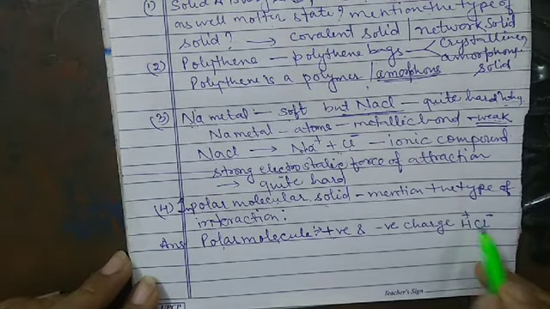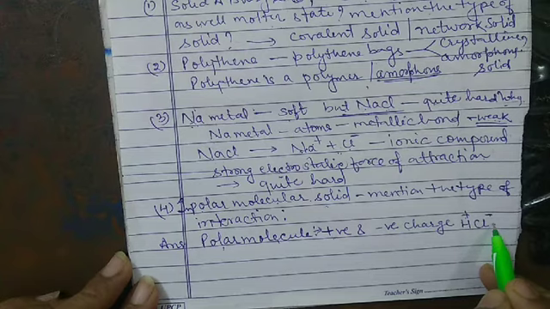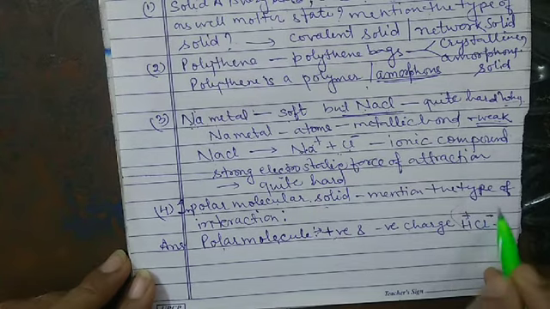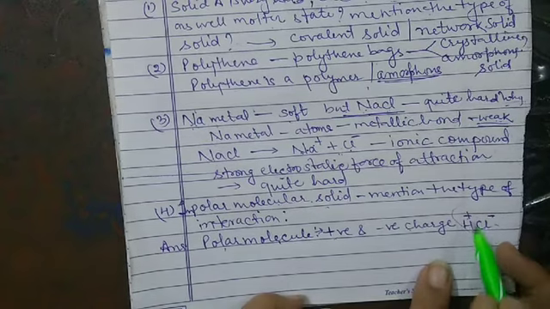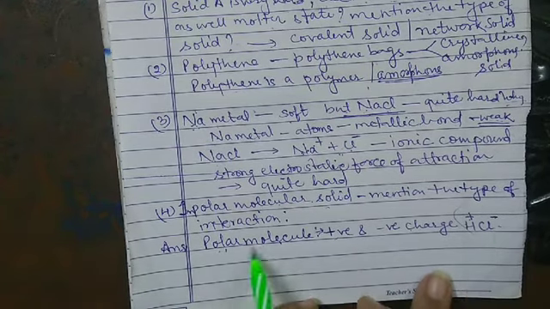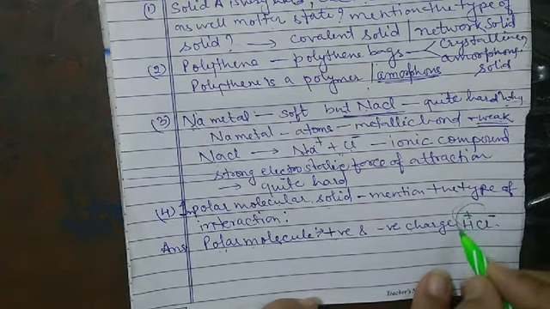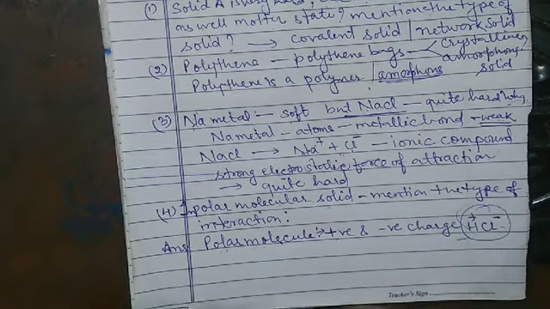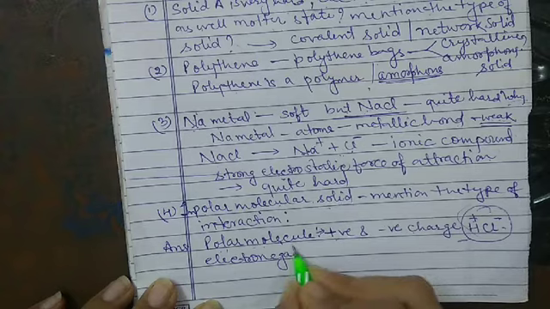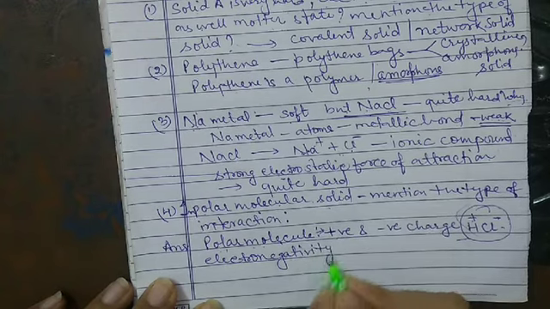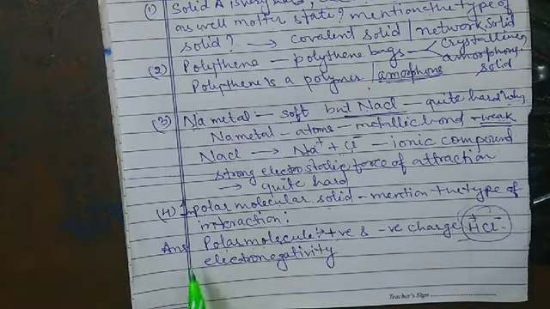So HCl is a type of polar molecule, and behind the polar nature, we know that one factor is used, and that factor is called electronegativity, because electronegativity is the tendency to attract the shared pair of electrons towards itself.